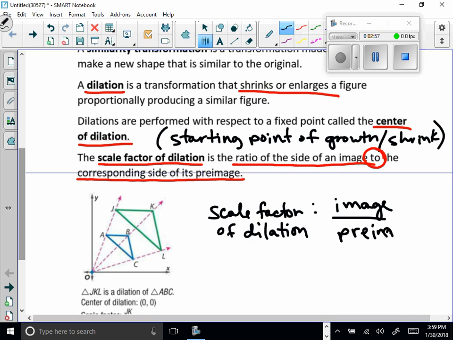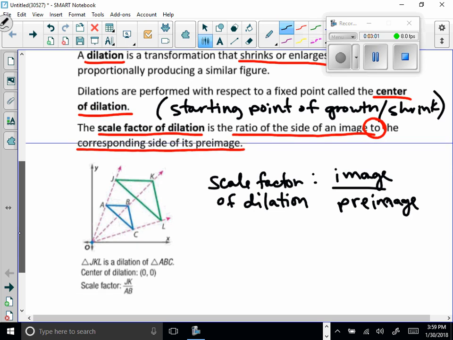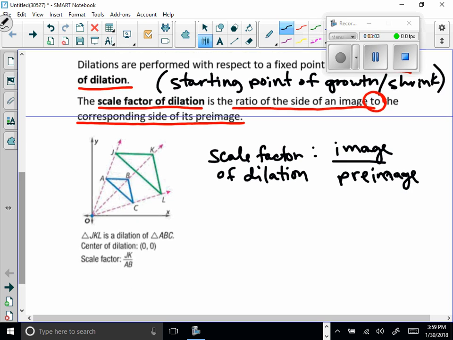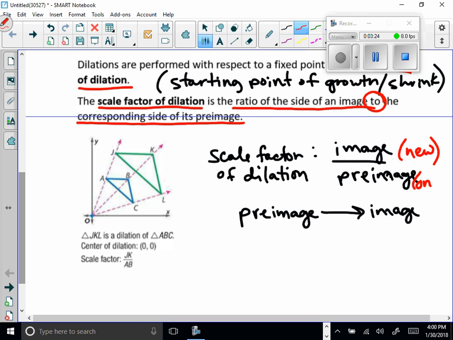If you remember from our previous congruence transformations, we start with the pre-image and then change that to the image, whether it's a larger or smaller figure. But the new one goes on top. So this is the new and this is the original.